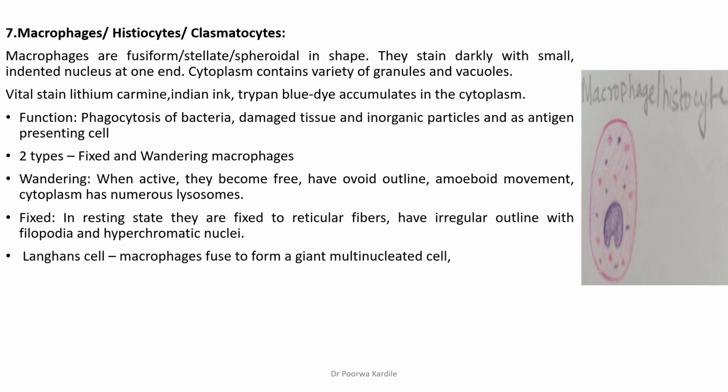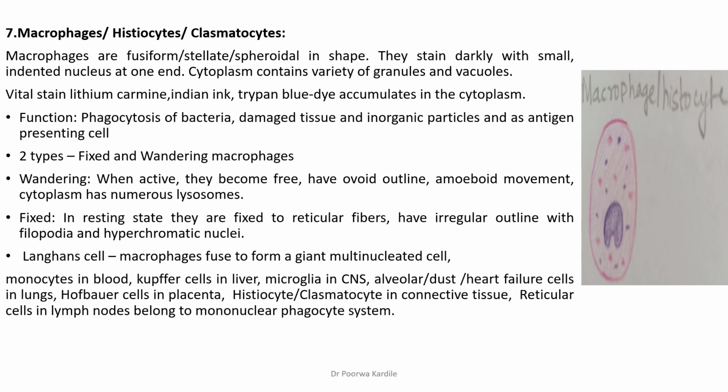Then there is the mononuclear phagocytic system, in which the macrophages are present at different sites. The Langerhans cells in the epidermis may form a giant multinucleated cell, and the monocytes are also present in blood.